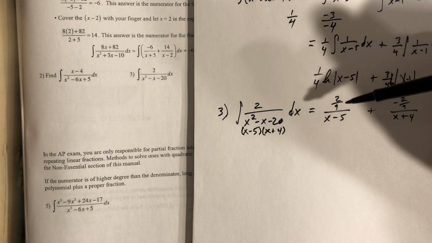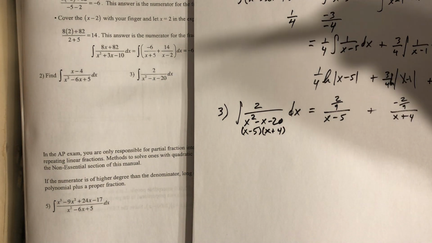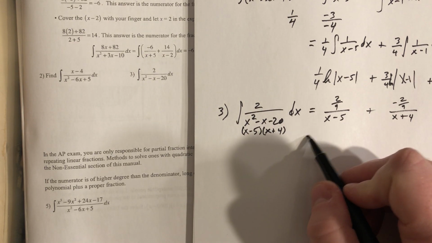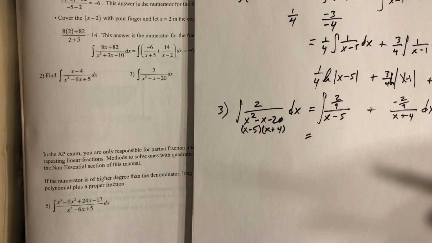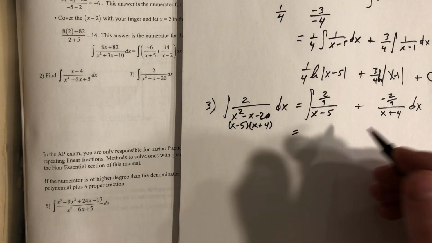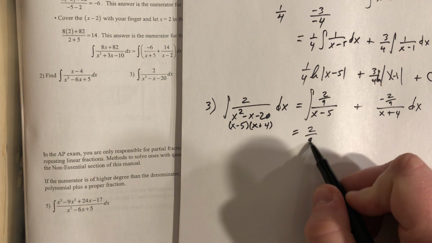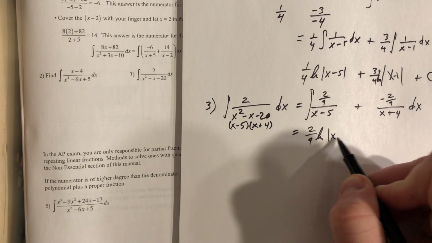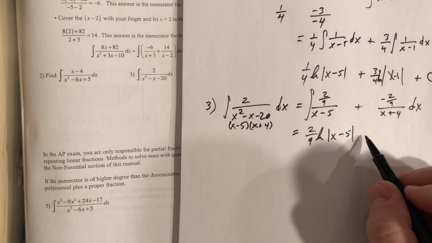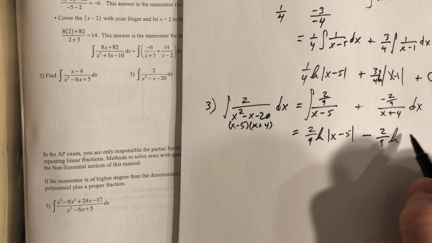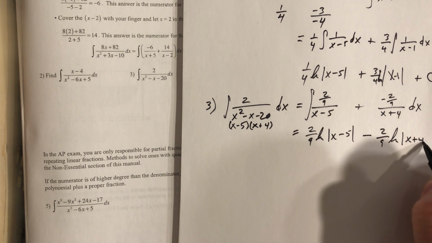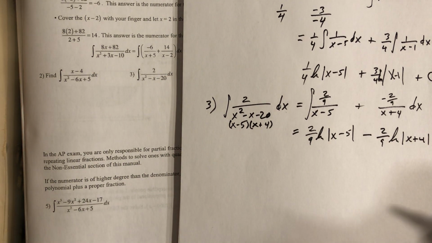Just like we did last time, where we pull the fraction out front and then it's going to be just the natural log. Well, I can just do that in one step, and I'll be a little bit more proper, and I'll do that. How's that? Ooh, much more proper. So I get 2/9 times the natural log absolute value x minus 5 minus 2/9 times the natural log the absolute value of x plus 4 plus c.